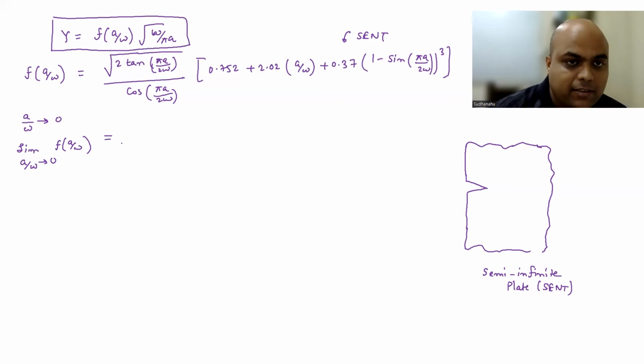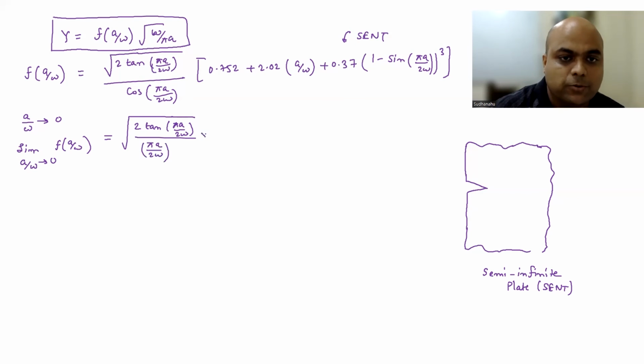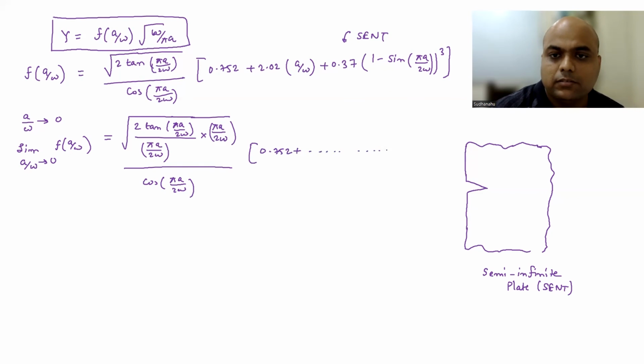So we can write this as root of 2W by pi a, tan(pi a by 2W) times pi a by 2W over pi a by 2W. We are just multiplying and dividing it by the expression pi a by 2W. The bottom one remains the same, and the right-hand expression remains the same.